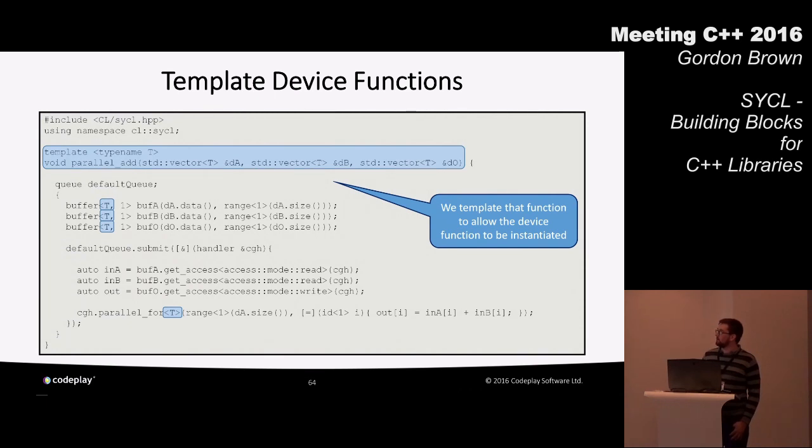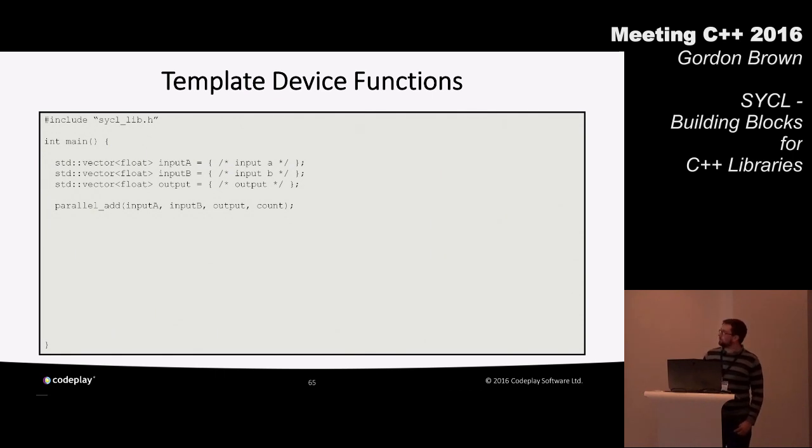Now you take a vector of type T, and the buffers are constructed with type T as well. The difference you'll notice is that the parallel_for type is also now T. The reason for that is that, like C++, SYCL also follows the one definition rule: you can't have two kernels of the same name because it will cause a conflict. So you have to name your kernels appropriately so they don't conflict with each other.